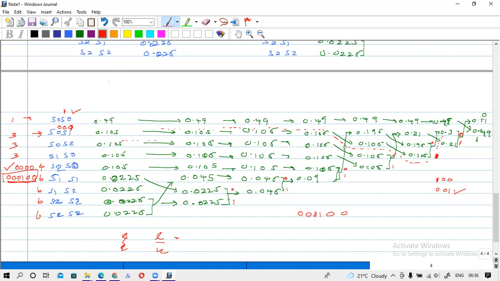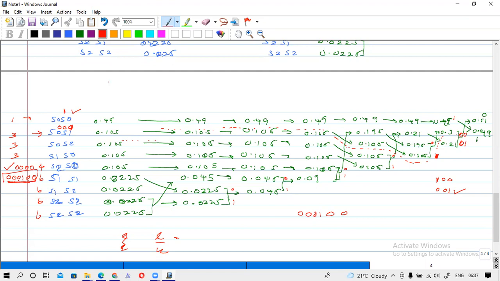This will be 0, 1, and this will be 1. Here you have 0, 1. Here you have 0, 1. Here you have to assign 0, 0, and you have to put 0, 1 here.